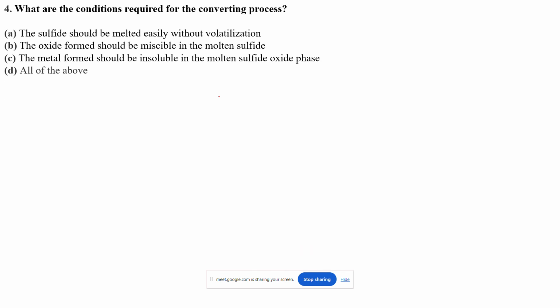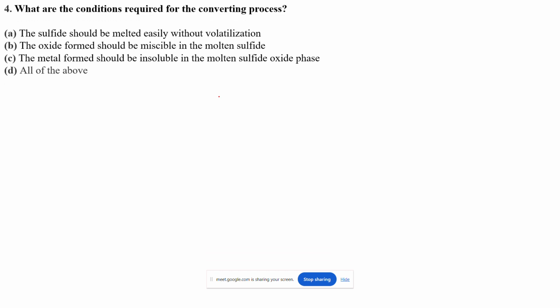What are the conditions required for the converting process? When we talked about the converting process, we discussed some particular conditions which need to be fulfilled for the converting process to happen. The sulfide should be melted easily without volatilization. Yes, for example Cu2S.